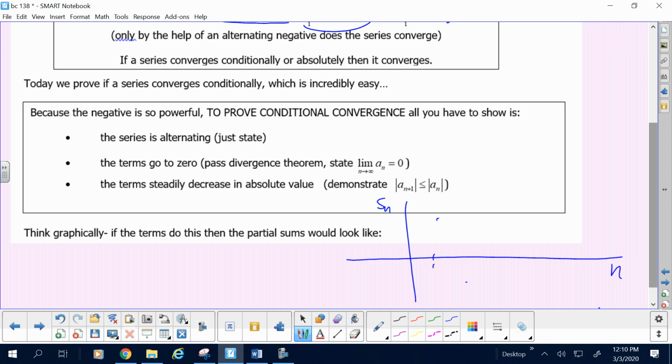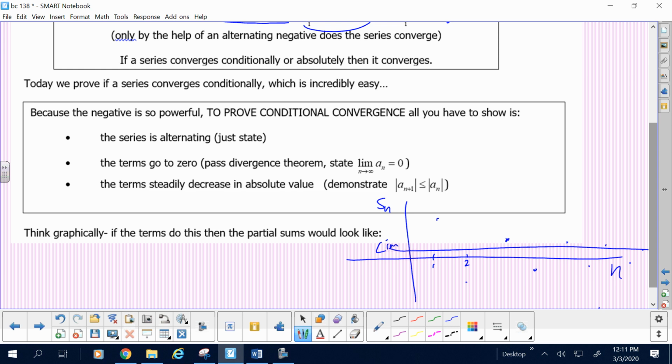Now, if the terms go to 0, then every time it alternates signs, the total will either go positive to negative or vice versa. It's going to do a lot of this back and forth kind of deal. And if the terms get smaller and smaller, then the amount of jump between terms will get smaller and smaller and gradually decay towards some kind of limit.